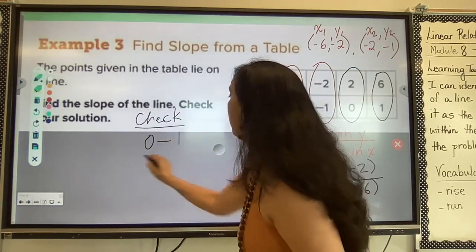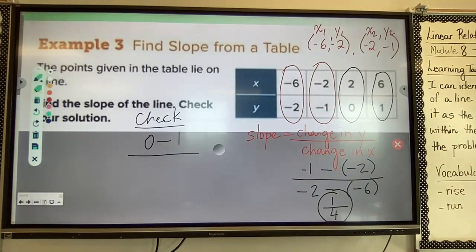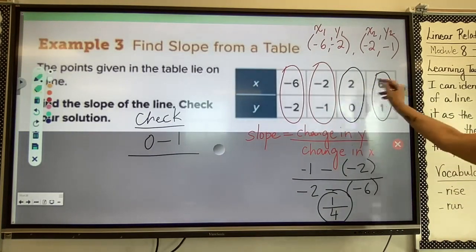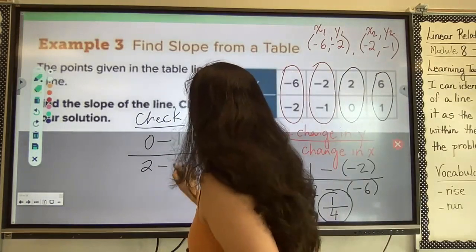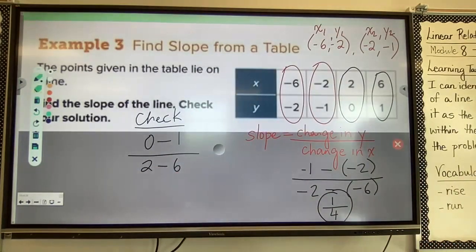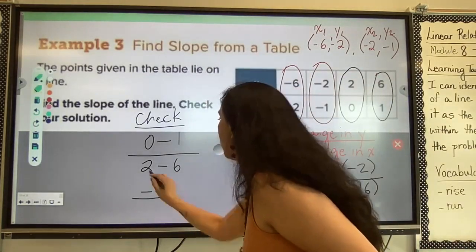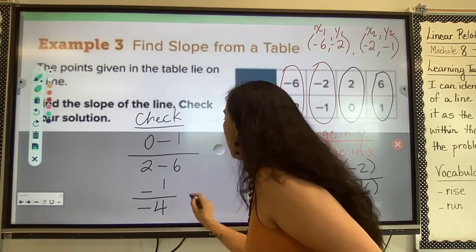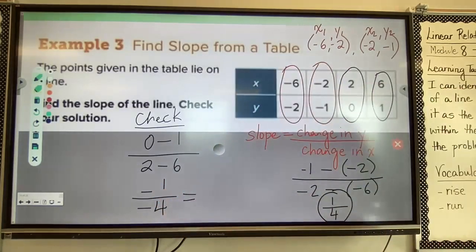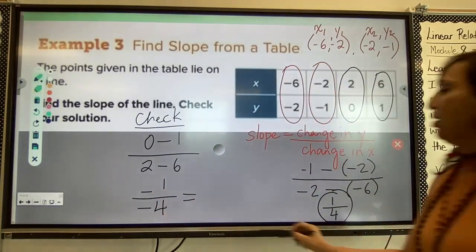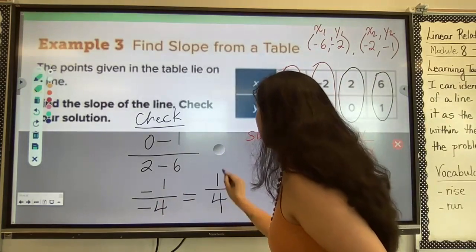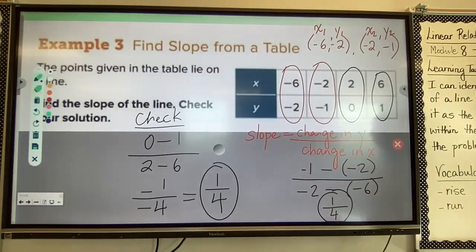Check the slope. So change in y over change in x, which is 2 minus 6. 0 minus 1 is negative 1 over 2 minus 6, which is negative 4. And so negative by negative gives me positive, and I get 1/4 when simplifying. So see, I get exactly the same thing.